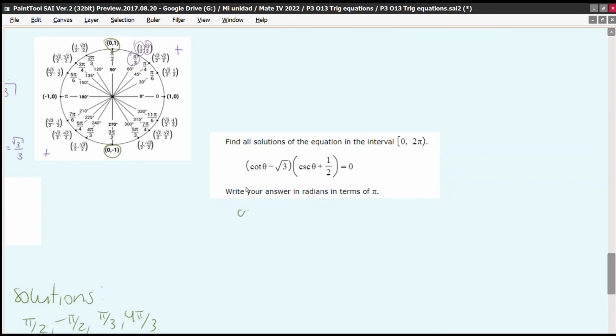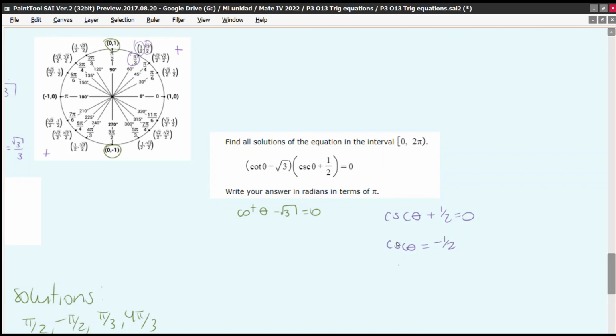Again, I have one factor that is cotangent of theta minus the square root of 3 equals 0, and another one that is cosecant of theta plus 1/2 equals 0. So let's see the first one. Cosecant of theta equals minus 1/2. And I don't like to think in terms of cosecant.